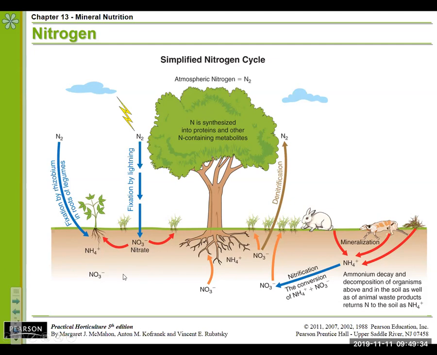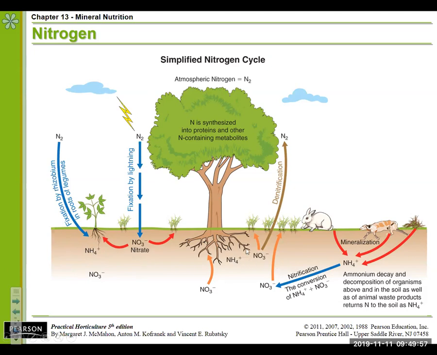There's a little bit less nitrogen in soil air than there is in atmospheric air. So we have N2 as atmospheric nitrogen, and it is fixed by nitrogen-fixing bacteria in the roots of some plants, especially the legumes. It can also be fixed by lightning, which fixes it as nitrate in the soil.